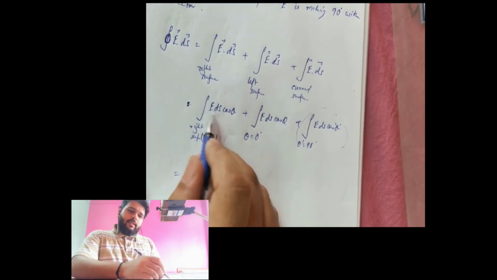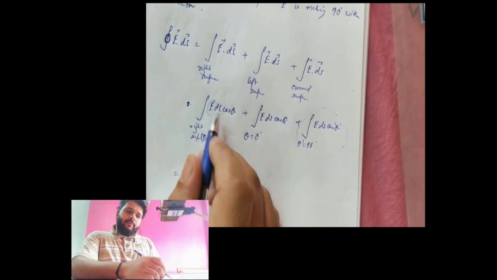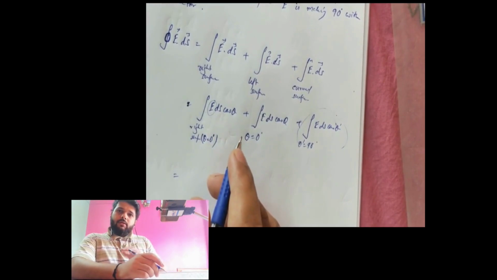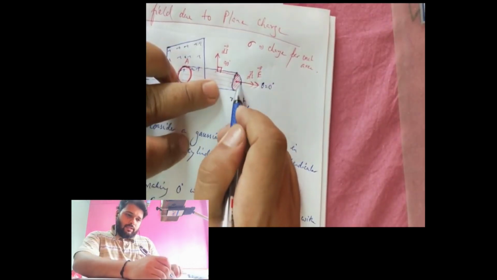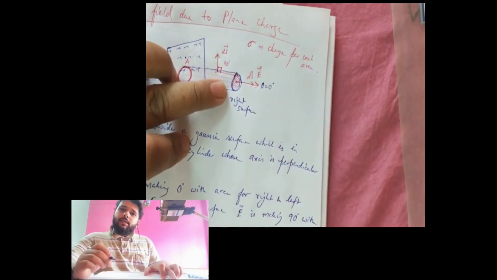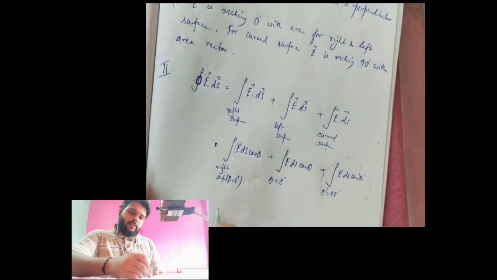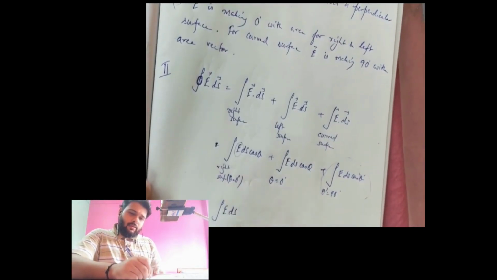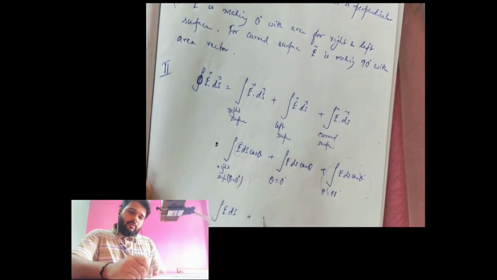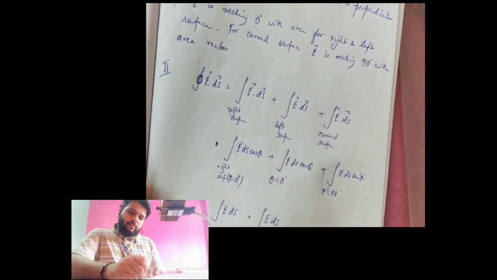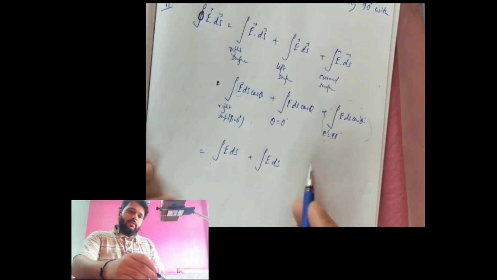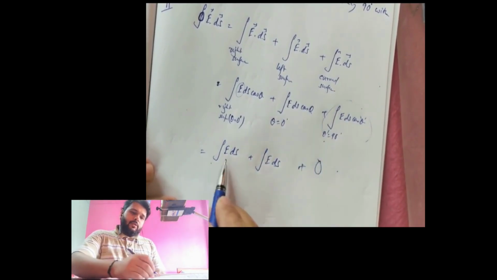So we can write E ds, and we know that the electric field is constant for a confined surface. For this surface the electric field will be constant. So we can write E ds, and the curved part is 0.